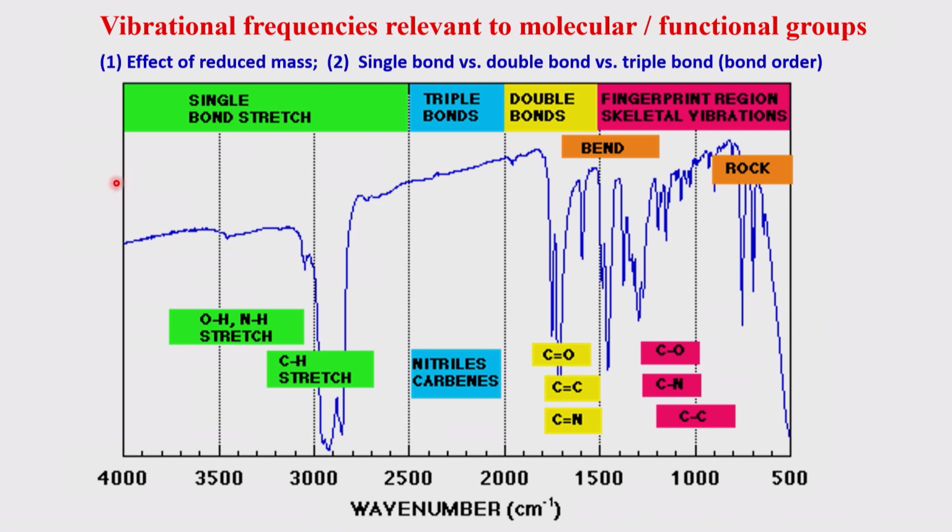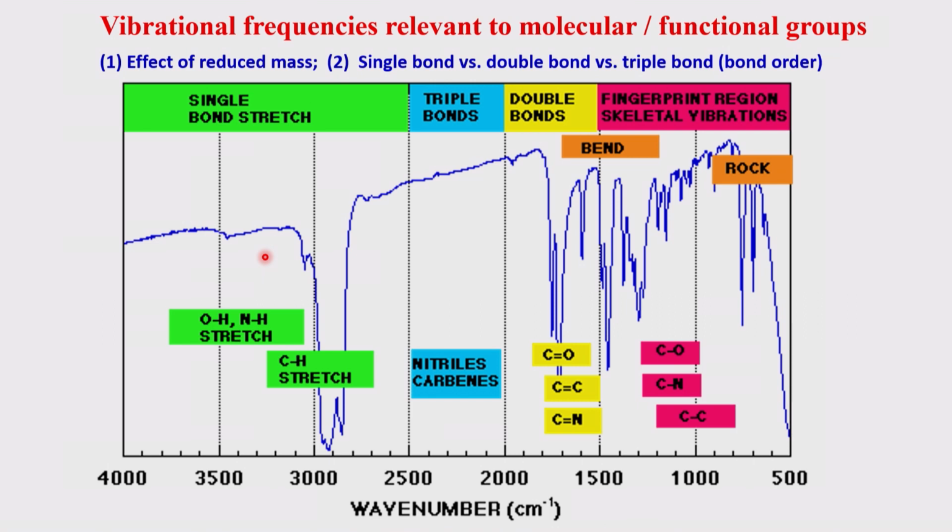We have already looked at this in the previous class; I'm just taking a browse through. Draw your attention to this particular slide, which I have explained earlier, but I will bring it once again: the OH, NH, CH stretching region, both the symmetric stretching as well as asymmetric stretching.